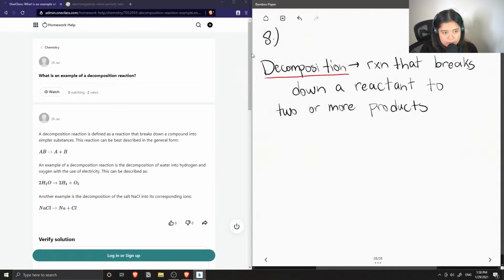Okay, so I'll give the general reaction scheme for a decomposition reaction. Let's say we had compound AB. This will break down to A plus B.